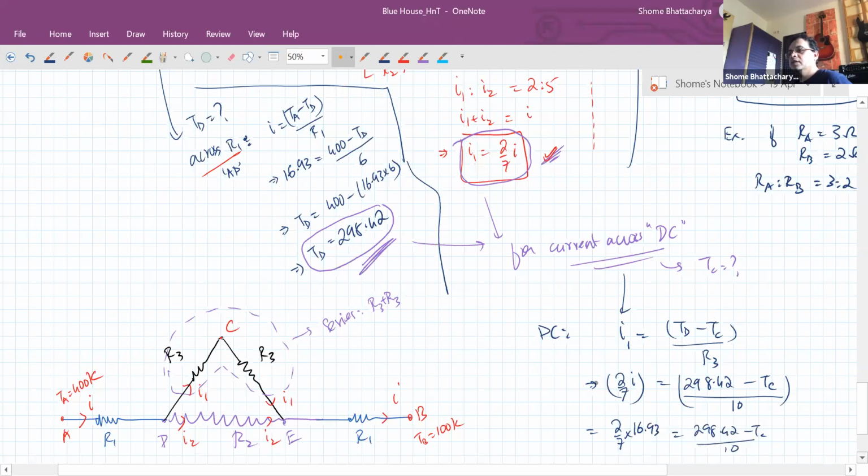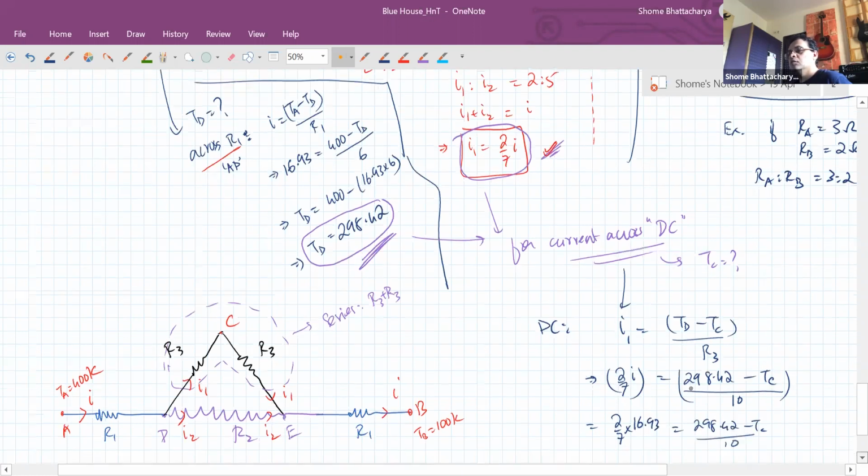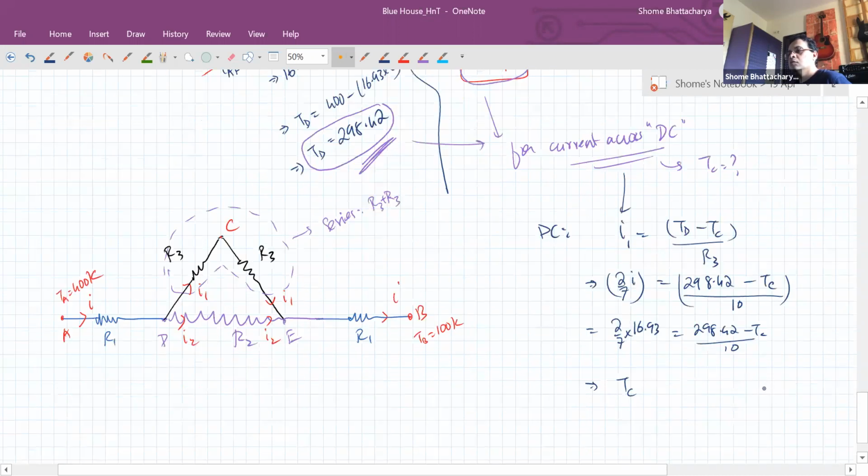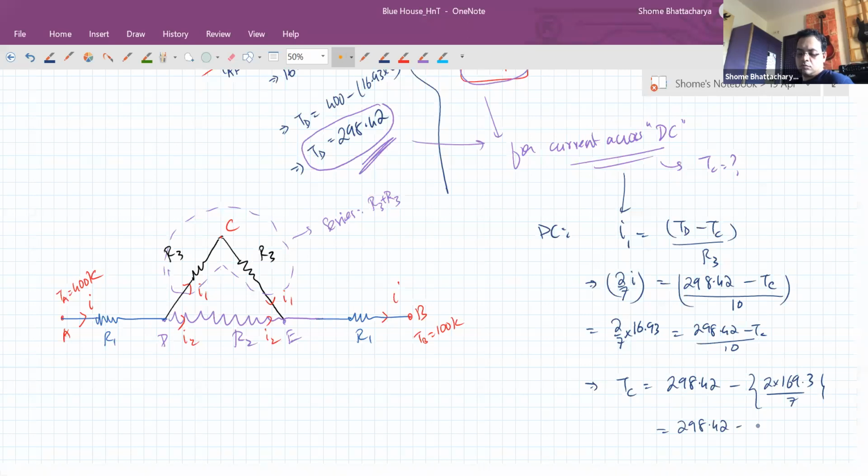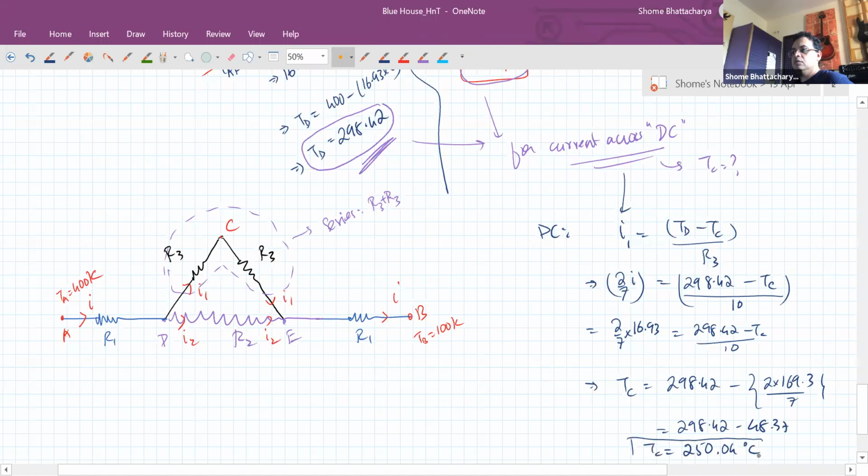Okay. So again, a bit of lengthy calculation, but okay, so this is finally giving us a temperature of T. Now there's one more little trick we can use, and that's also a very interesting trick.